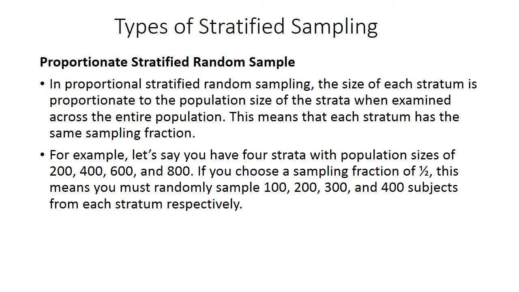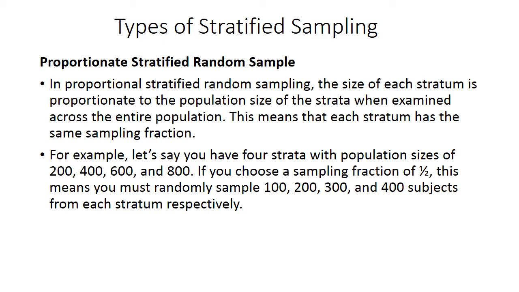First is proportionate sampling. In this sampling, the size of each stratum is proportionate to the population size. Now it will be clear with the help of this example. Let us say you have four strata with population sizes of 200, 400, 600 and 800. Now if you have to choose a sample, you need to have a sampling frame which is half of the population.